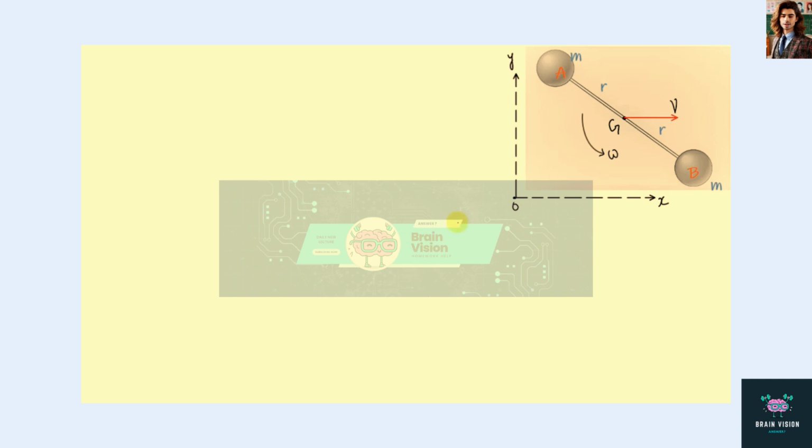So the angular momentum about the point O, H_O, will be equal to the angular momentum about point G with respect to O, plus the angular momentum of the mass A with respect to G, plus the angular momentum of the ball B with respect to the point G. So we have to calculate these three terms.